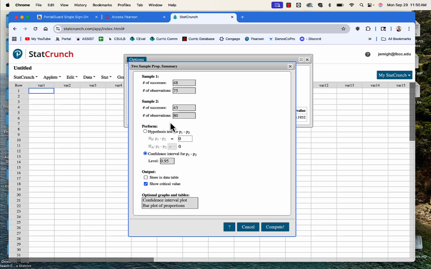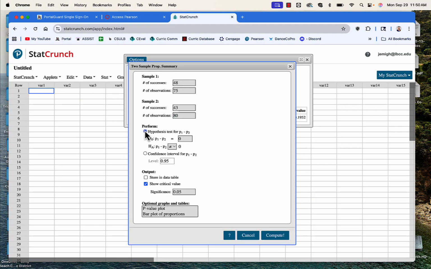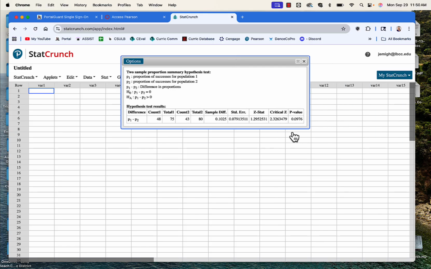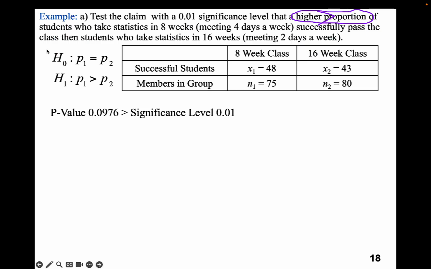We'll switch this back to hypothesis test. It was claiming that the proportion was greater, and the significance level was 0.01. Compute. Here's our p-value, 0.0976.